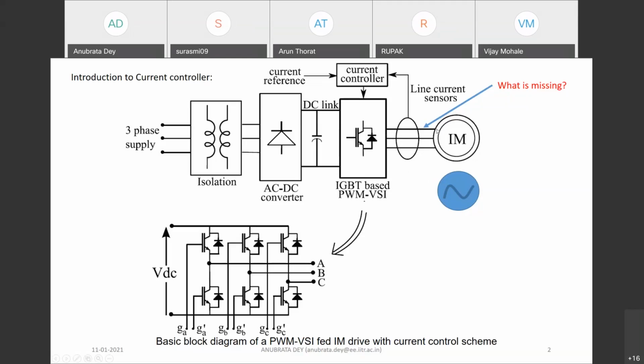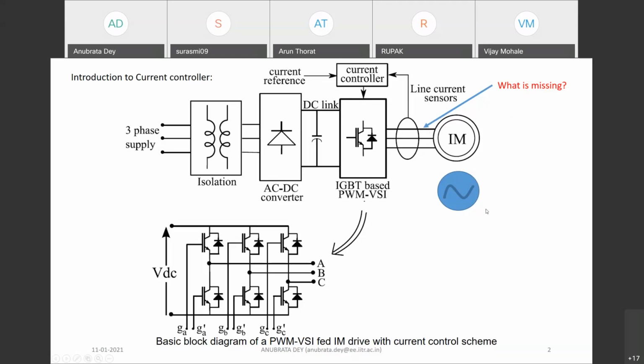That back EMF is represented by a voltage at this terminal of the stator, and then it has its own leakage inductance. That voltage difference between the back EMF and the inverter applied voltage falls across this leakage inductance.